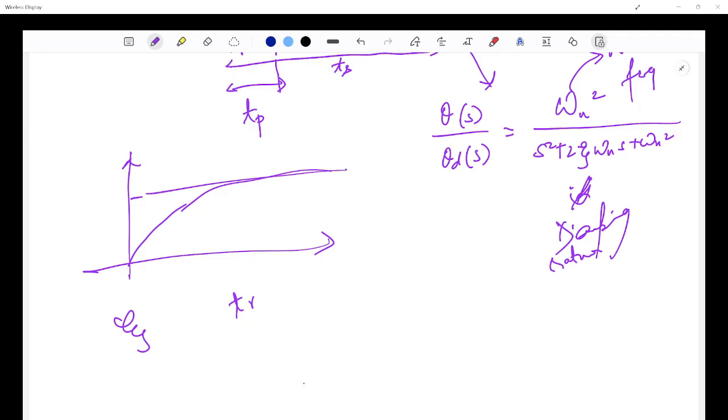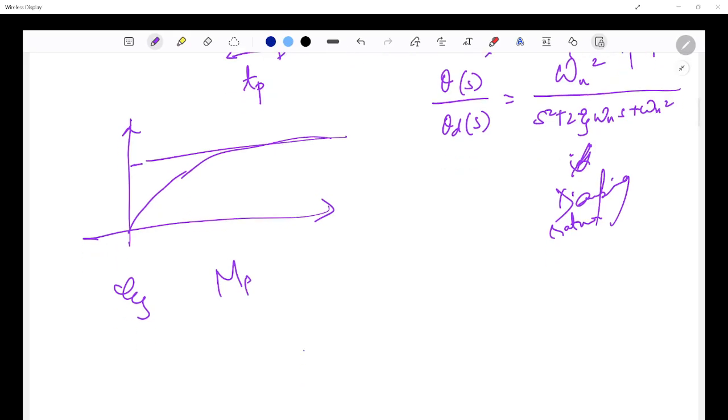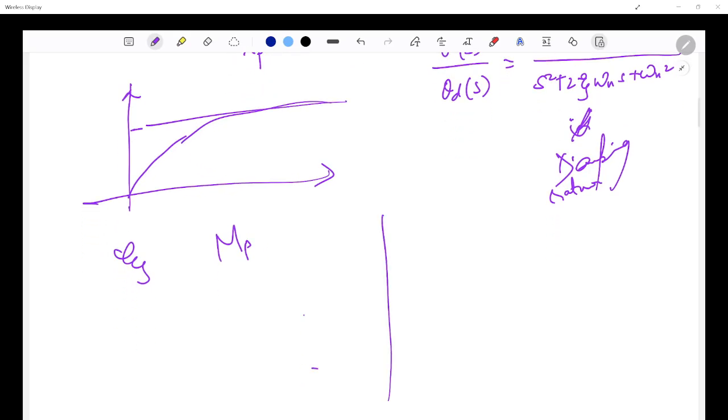If the damping is very high, what will happen? Would it settle faster or slower? Damping being very high means I don't want my system to overshoot. Let's say I want my door to become closed now.